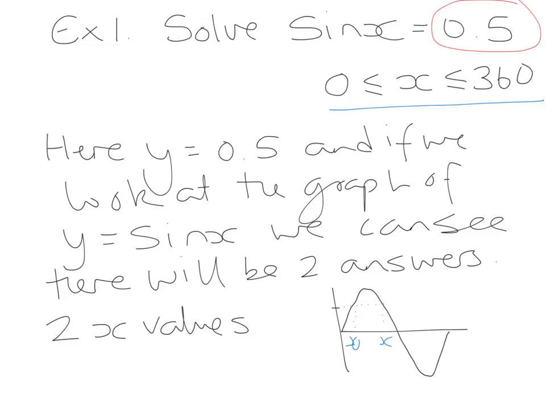So now we'll have a look on the next slide at how we would solve that. So we'll go back to writing it down. We had sine x equal to 0.5. On the previous slide we looked at the graph and saw there were two values.